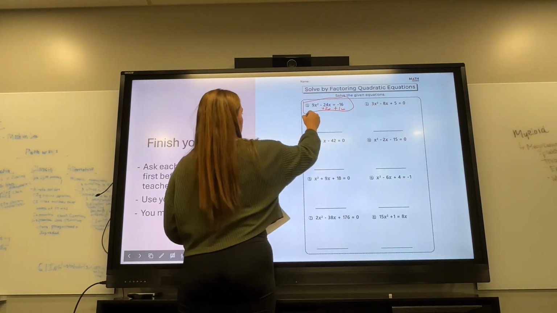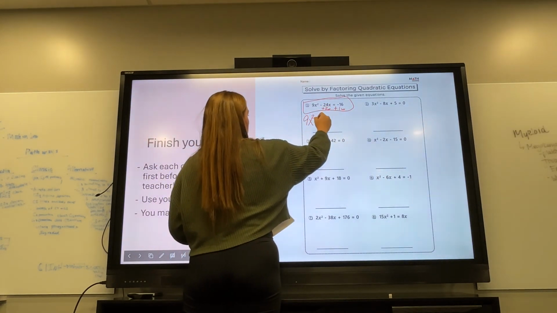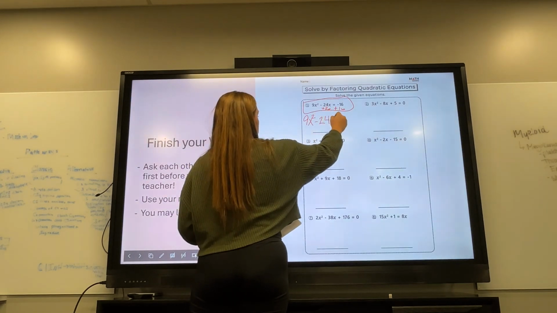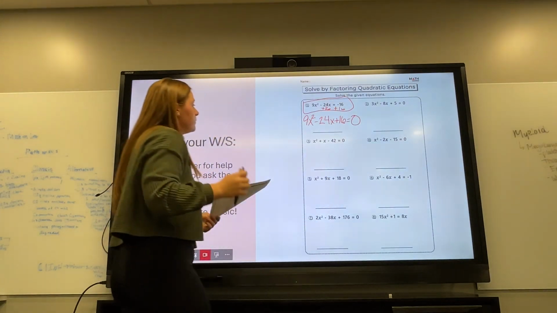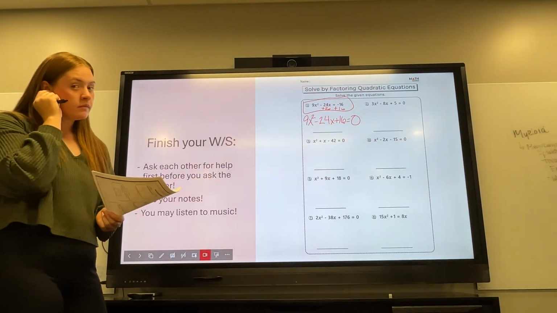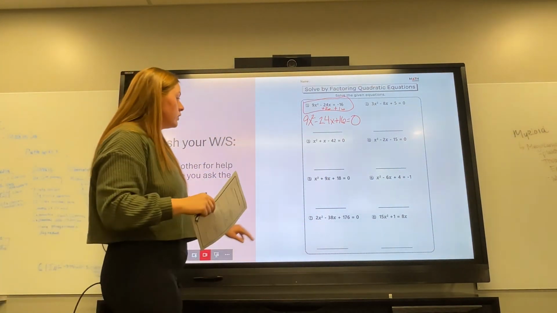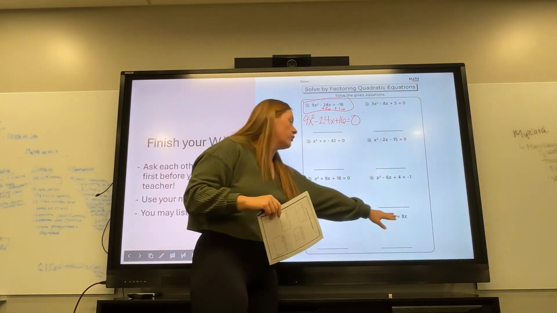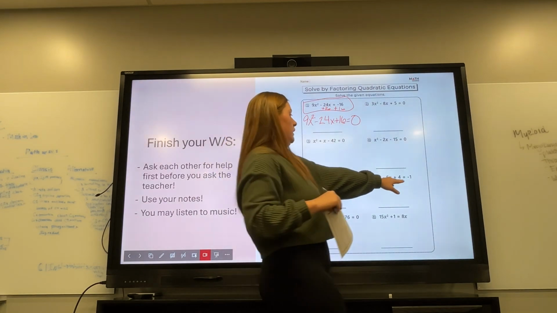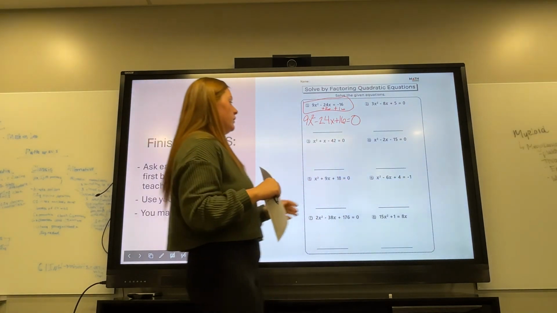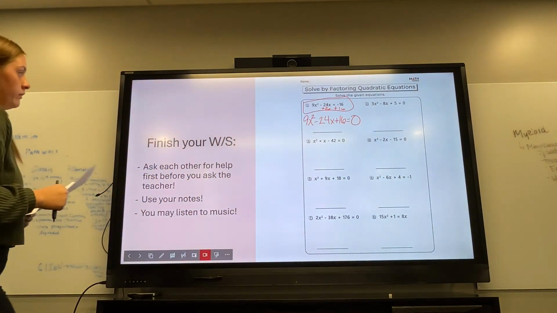So now my new equation is 9x squared minus 24x plus 16 equals 0. Okay, always make these equal to 0. So this one you're going to have to put your 8x on the other side, and this one you're going to have to put that negative 1 over to make it equal to 0.